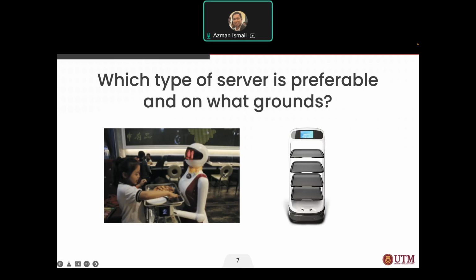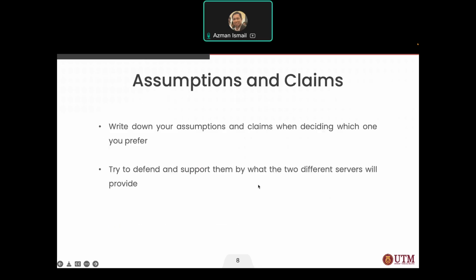Okay, so normally before you do the conceptualizing interaction, there will be assumption and claim. Okay, what is assumption? Assumption means that you assume something and you claim something. In this case, maybe you can write down your assumption and claim when deciding which one you prefer.